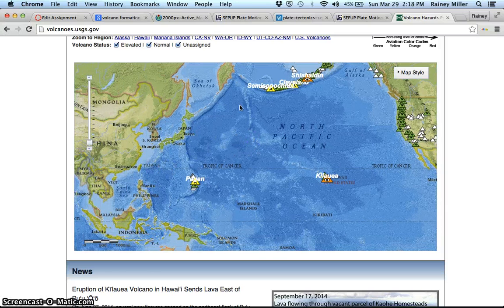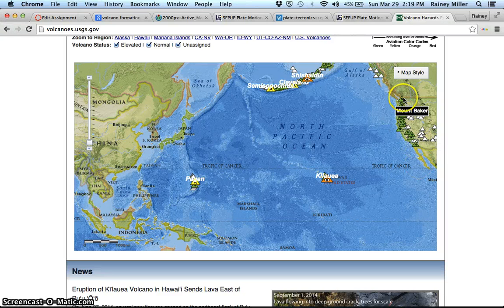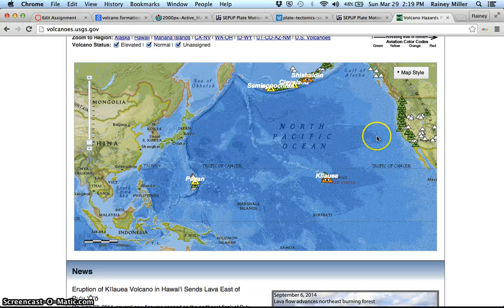And there are more that are in Japan, but because I'm using the USGS, United States Geological Survey, it only has the US ones really that it's concerned about. But this area that goes all the way around the ocean here that has these volcanoes and earthquakes and things, that's called the Ring of Fire. Basically because of all of the geologic activity that happens in the area.